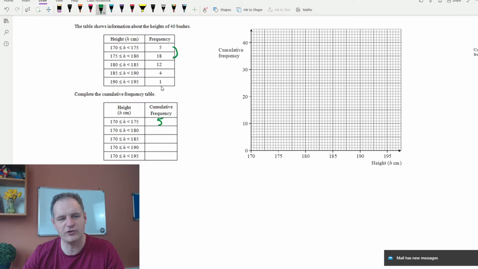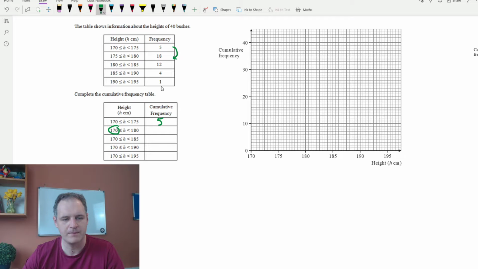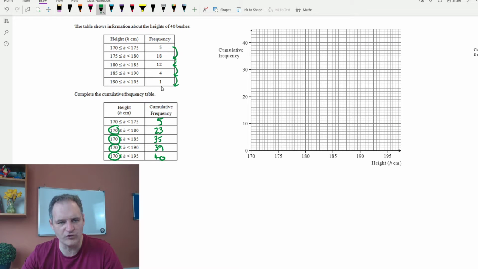But in order to look at the next one, notice how these numbers are all 170. It's because instead of doing the gap, we're combining it with the next number down. So this is 23 because 5 add 18 is 23. Add 12 more, and we get 35. Add 4 more, we get 39, and add 1 more, we get 40. And we have accumulated all of that. It tells us all 40 bushes are between 170 and 195.